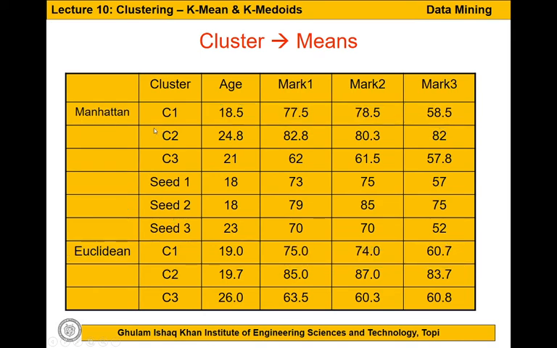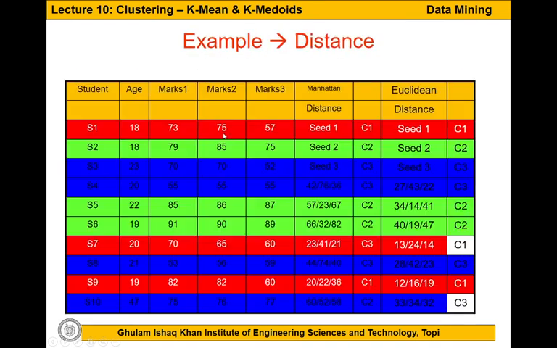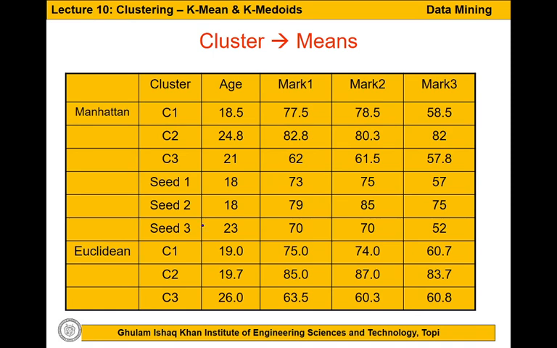Now once we get the new cluster centers, we will be repeating this whole process, and instead of computing the distance from all instances to the previous cluster seed, now we will be computing the distance of each and every instance from C1, C2 and C3, right?